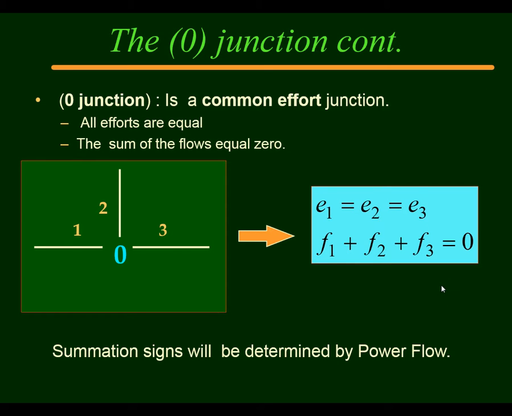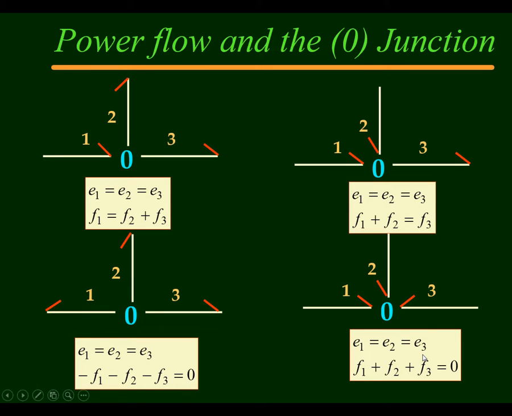But before we do that, this is another representation of the equations that correspond to the bond graph model. All the efforts are the same, but the flows will add up to 0. And then we have different possibilities for this power flow and the 0 junction.